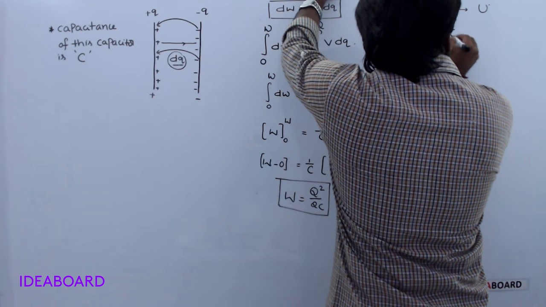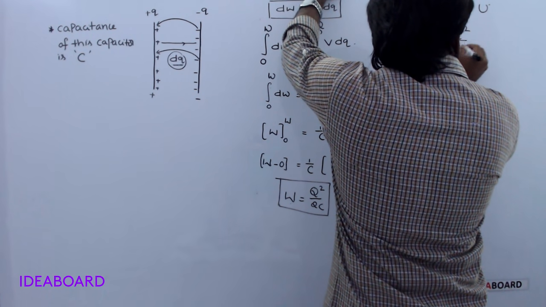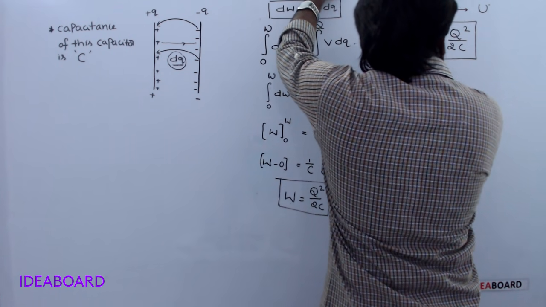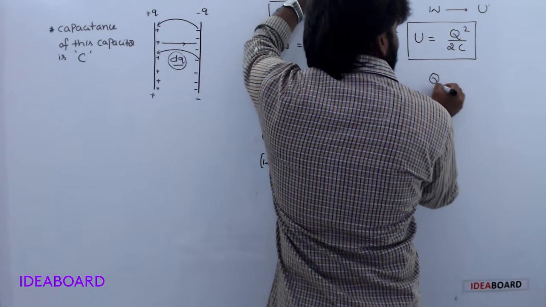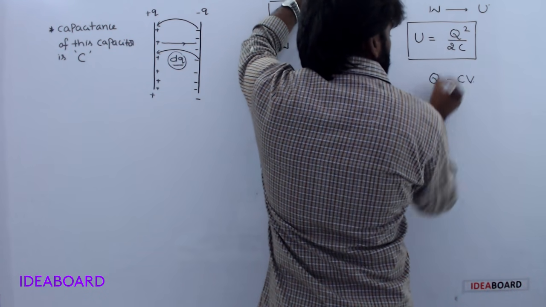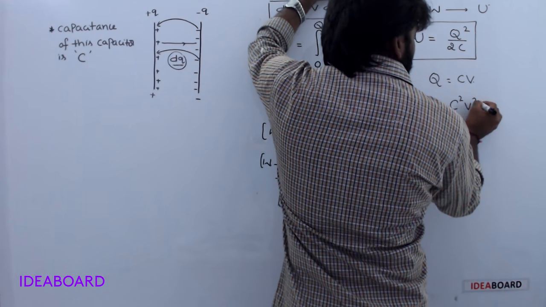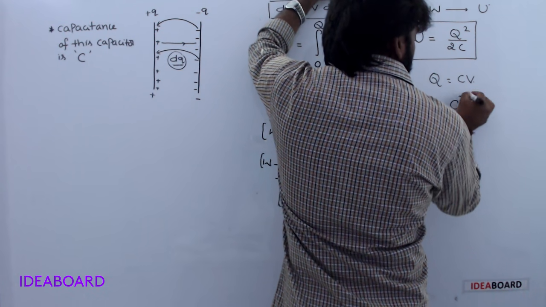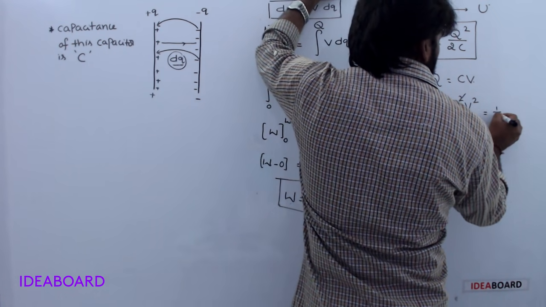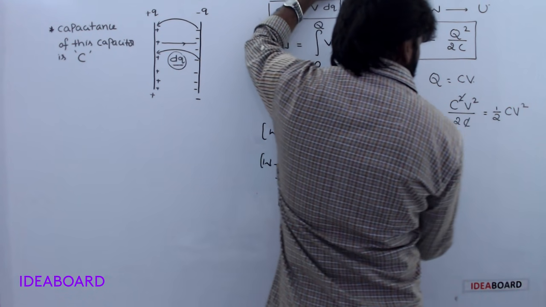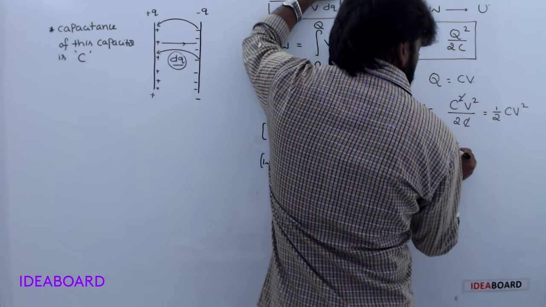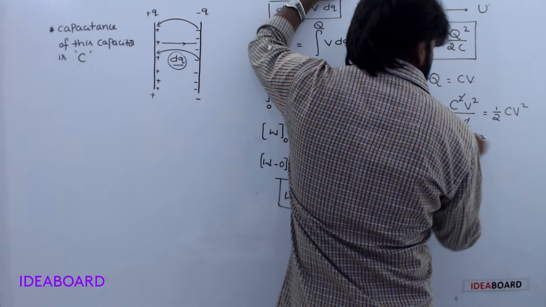So U is equal to q square by 2C. You know, q is equal to CV. Substituting here, U is equal to C square V square by 2C. C cancels. What is left? Half CV square. U is equal to half CV square.